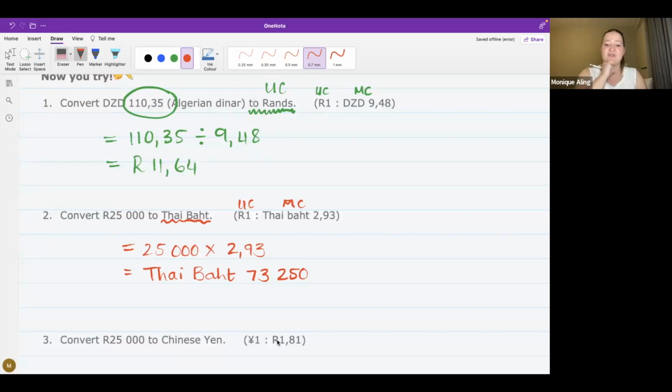Sanda, how did you get that? Did you divide? No. Okay, yes, I see you raised your hand. Ma'am, yes. I did the exact same thing. I don't know, maybe it's a setting on my calculator, but I did the exact same equation.